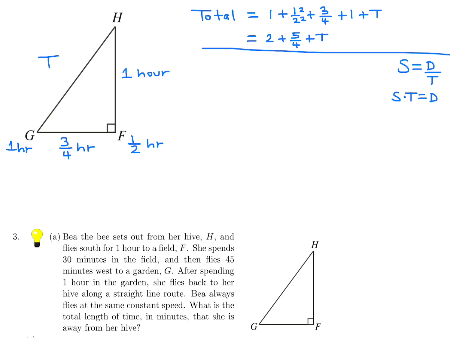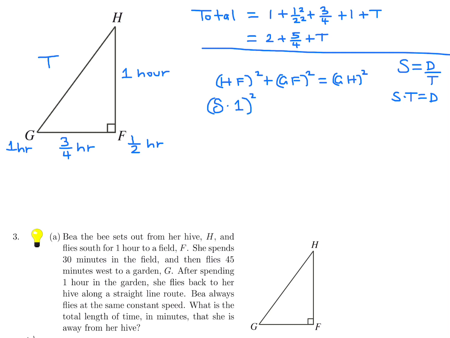So that means that HF in terms of distance squared plus GF in terms of its distance squared is equal to GH squared. Now HF, if I use this formula, that distance will be speed times time. Now the speed I don't know, I'll just call it S for speed. And the time, well, it's 1 hour.